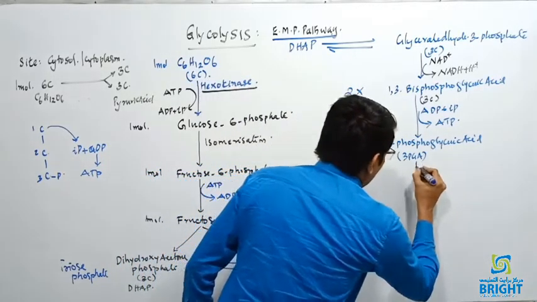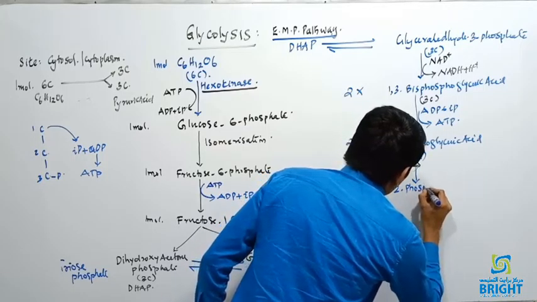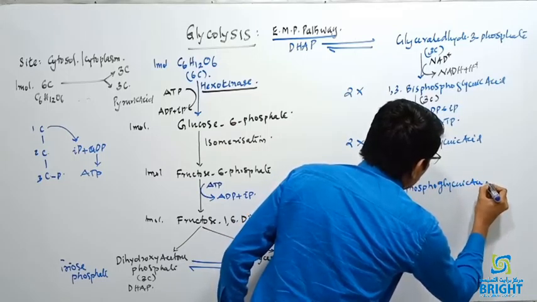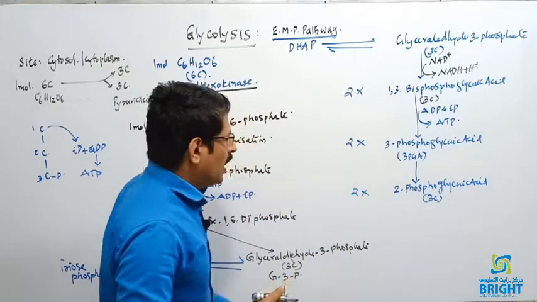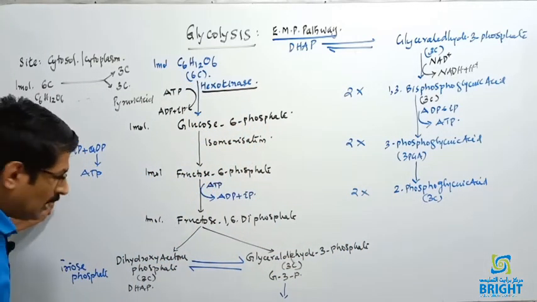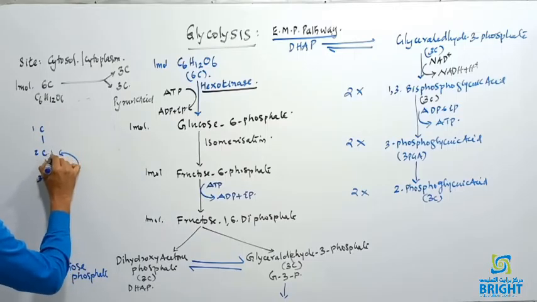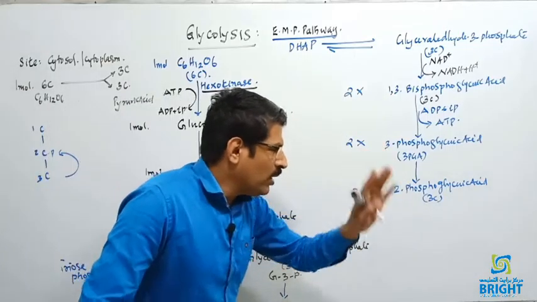And in the next step, 3-phosphoglyceric acid is converted into 2-phosphoglyceric acid. It is also an isomerization. Two molecules. The third carbon has a phosphate, and it will be shifted to the second carbon, giving 2-phosphoglyceric acid.